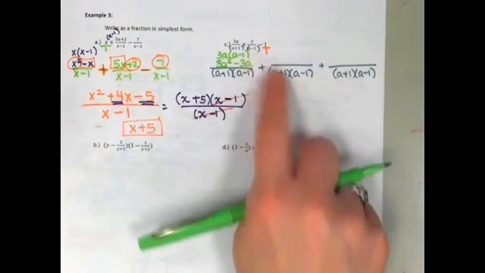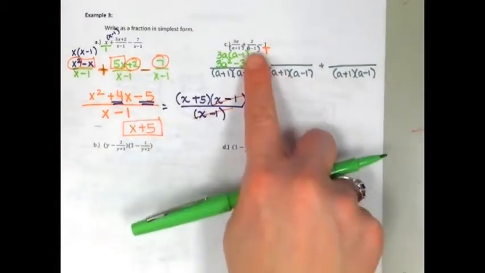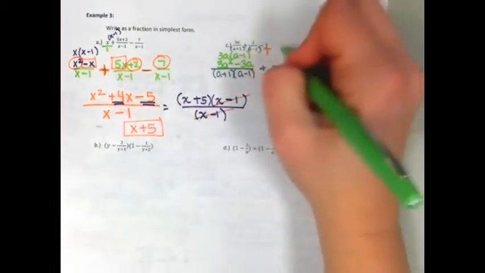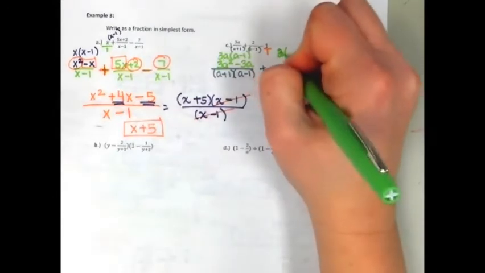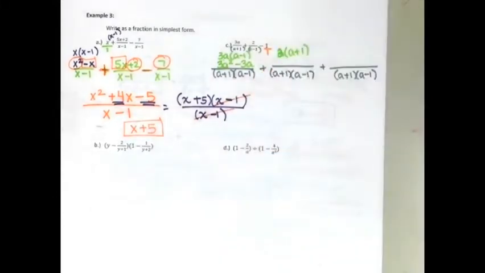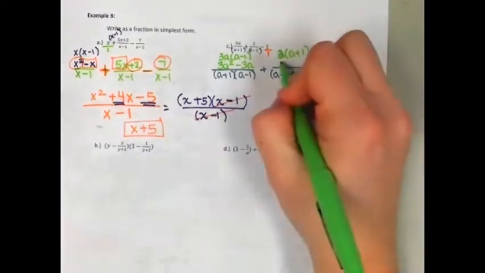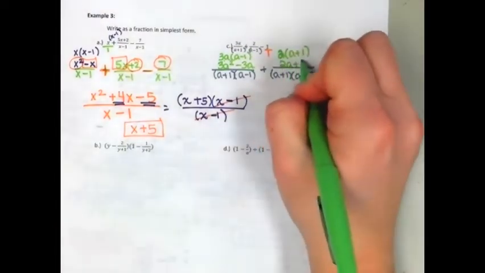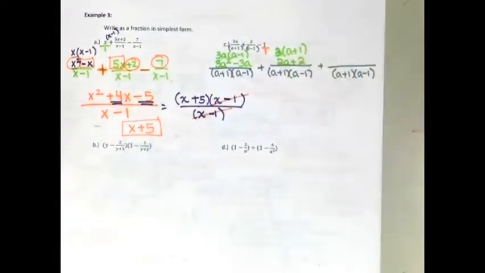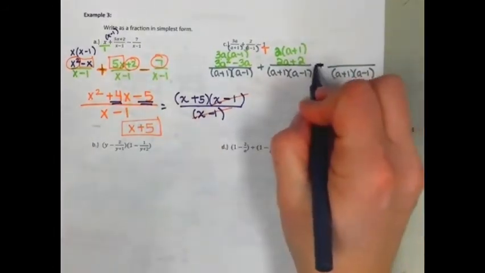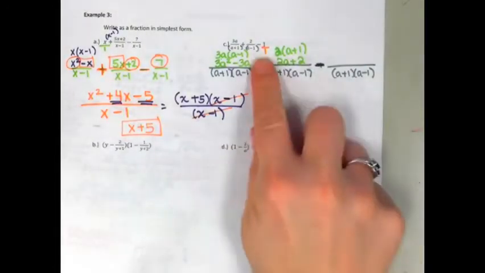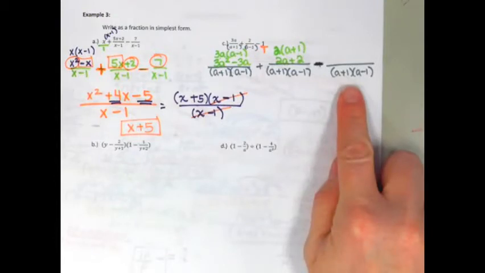What's different with my second fraction? The a plus 1. So we have 2 times a plus 1. And what's 2 times a plus 1? 2a plus 2. Oh, and I put a plus sign there. This is a minus. And then I had 1, and now we have a plus 1 times a minus 1.